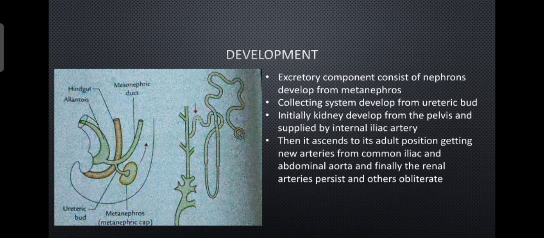I am telling about the position, not the arteries. The renal artery arises from these structures. After the development of the adult position of the renal artery, the other arteries obliterate, that is, they become non-functional. So only these arteries function. This is the development in a shorter aspect.